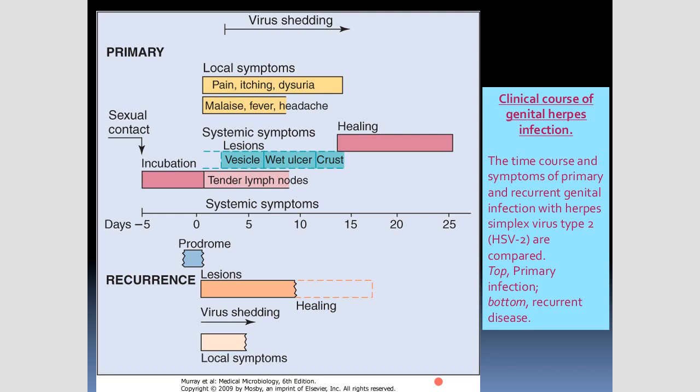The other important thing is that for viral infection, we call it prodrome. Like for example, if I'm going to have flu, I'll say, I'm not feeling well. It's like something coming up, like an aura. It's just like before you throw up, you see that kind of coming up, so you can prepare.